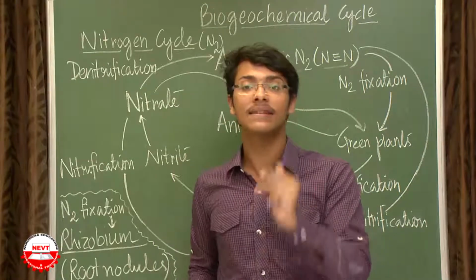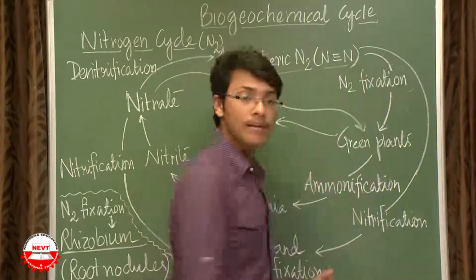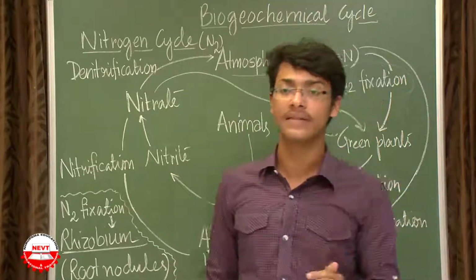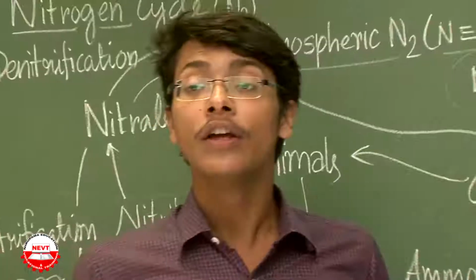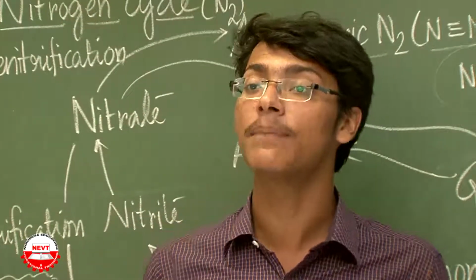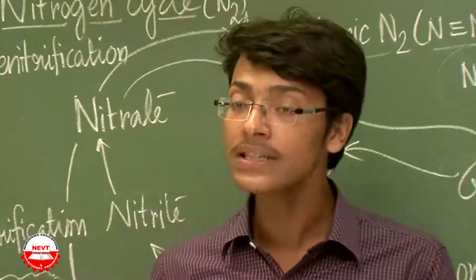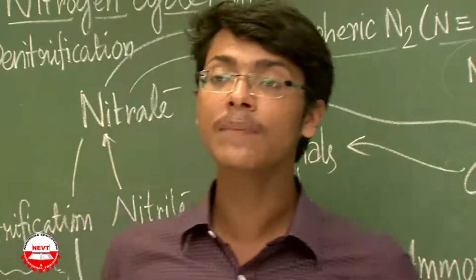Now to fix that, we have the process called nitrogen fixation. Please note the definition of fixation. Nitrogen fixation is the process of converting nitrogen into a more usable form. What are the usable forms?